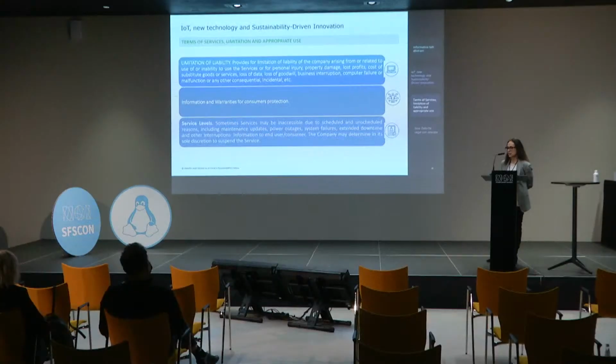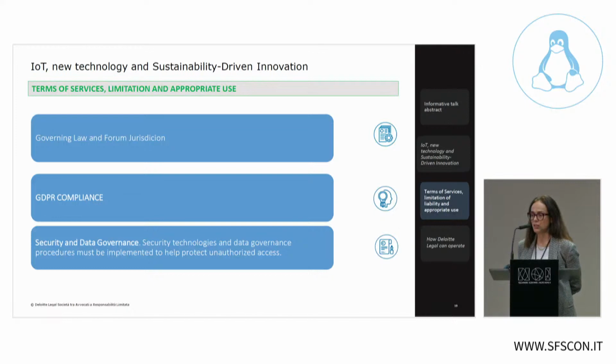So you are transparent when you clearly state to your consumer that sometimes you need to update your platform, or maybe you need to interrupt the service because you need to make some amendments, and all these activities should be really defined, and a customer should also have a clear overview of the service level that needs to be defined and also granted to the consumer. The final clauses are about the governing law, the forum jurisdiction clauses, and the GDPR compliance.